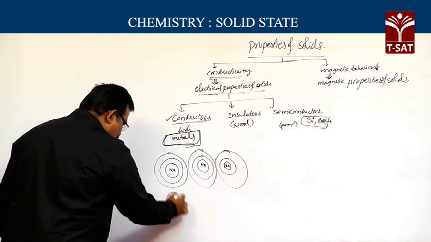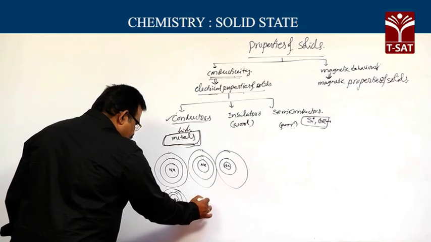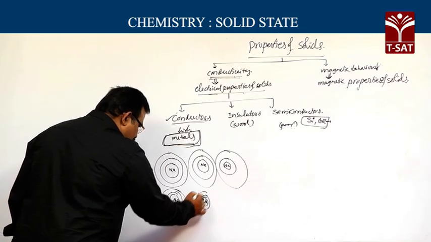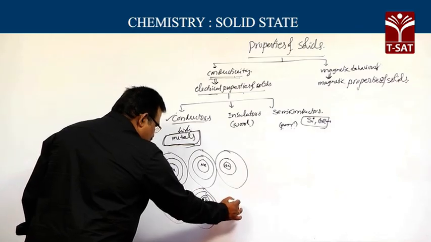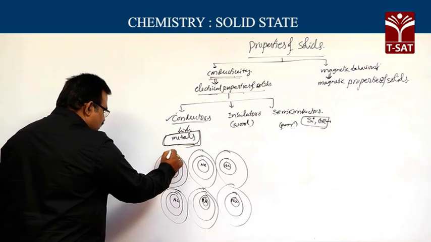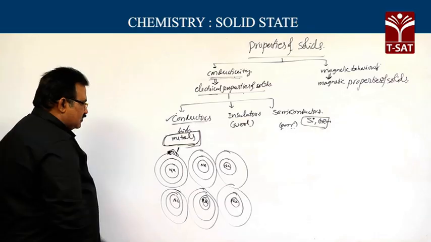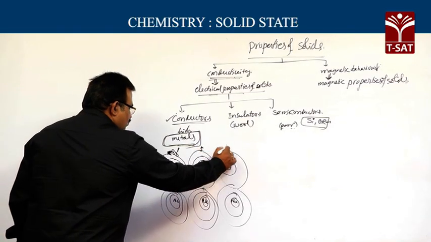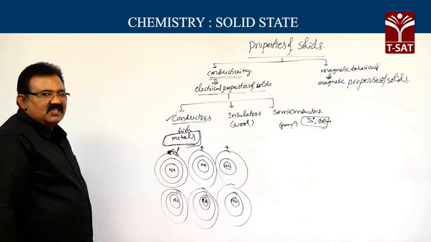Like this, in the metal, different sodium atoms are present and different energy levels are present. In the valency shell, that is in 3s1, sodium has 1 electron. Here also 1 electron, 1 electron.